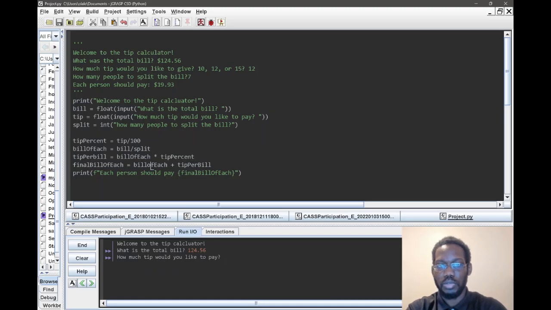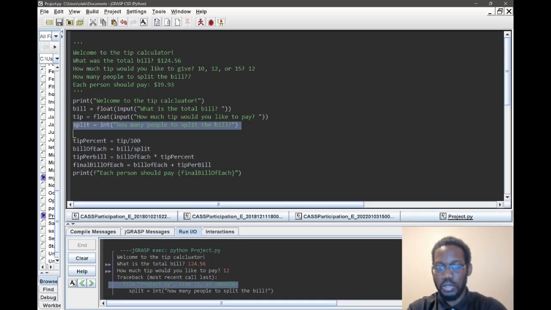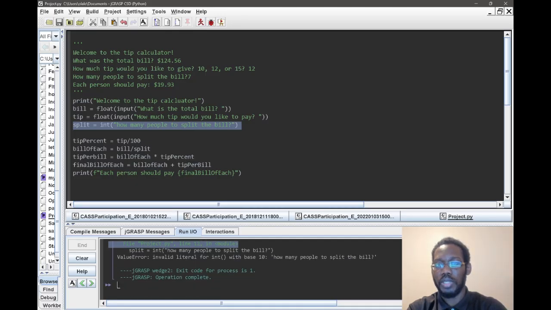How much tip would you like to pay? 12. Okay, we ran into an error, and that is to do with the tip, I believe. Yep, that was my mistake. It's an input with an integer.